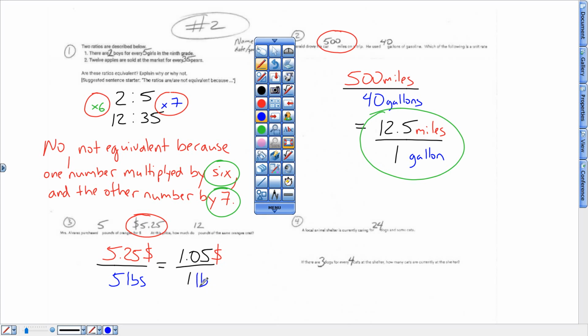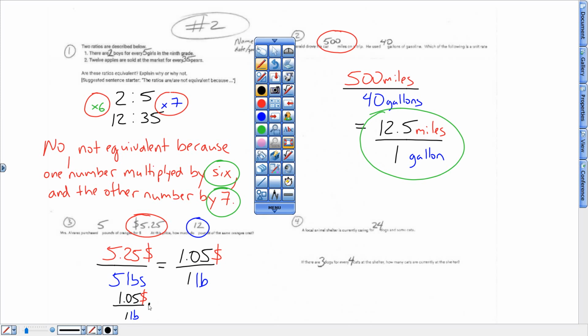Now take that $1.05. Make sure you're showing me these units. $1.05 for every 1 pound that I'm buying. So now what I'm going to do is times that 12 pounds right here, buying 12 pounds of that.